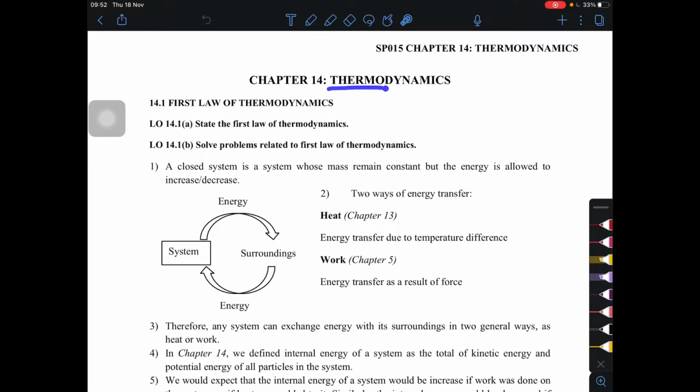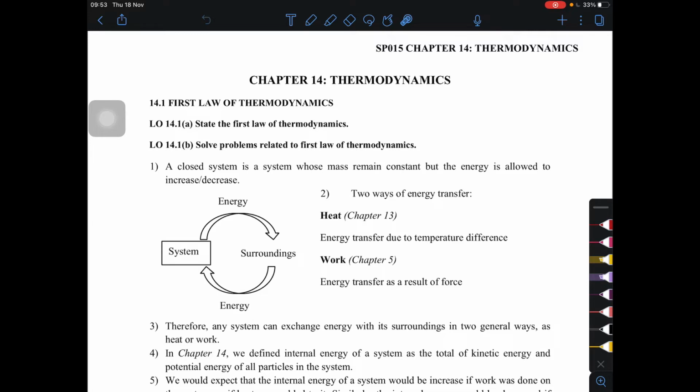So thermo here means thermal, which is equivalent to heat, and dynamics means work. In this chapter, we are going to learn about energy transfer in terms of heat and in terms of work. Before this, we learned in chapter 5 that energy can be transferred if we exert a force on an object, as a result of force.